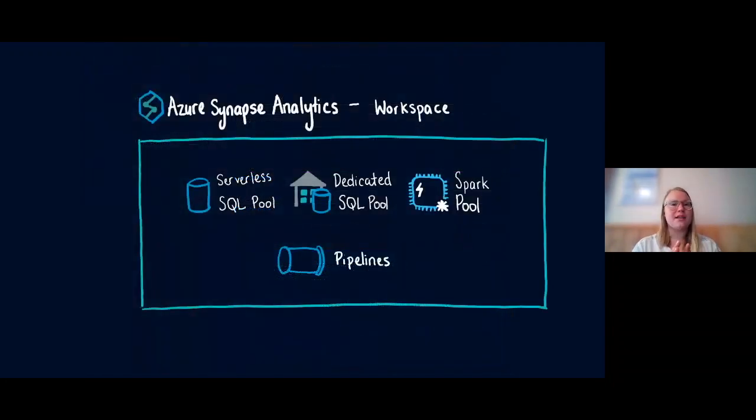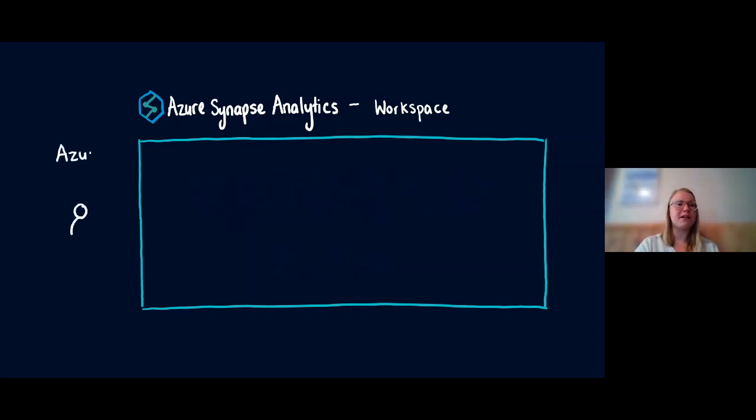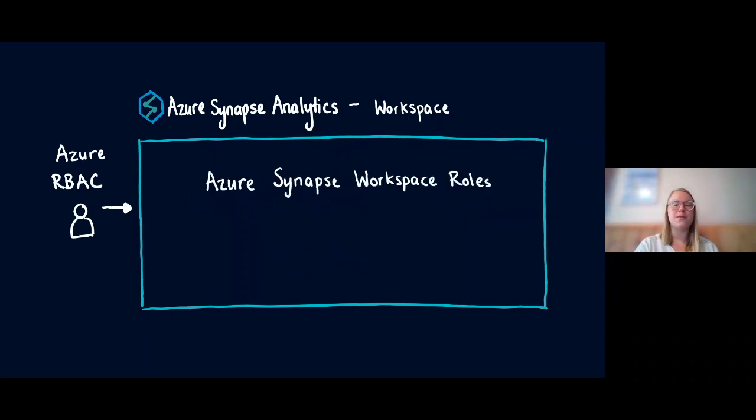So if we again take a look at our Azure Synapse Analytics workspace, it was implied in the previous screenshot, but we have two layers of access control. We have the Azure RBAC, and as the second portion, we have the Azure Synapse Workspace roles. So we have two layers of access control available, and that changes it a little bit.